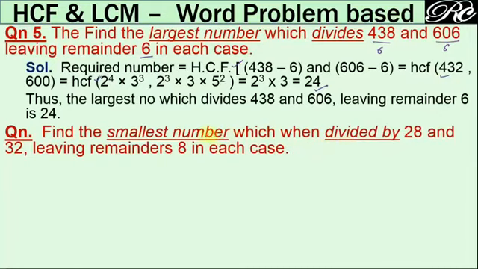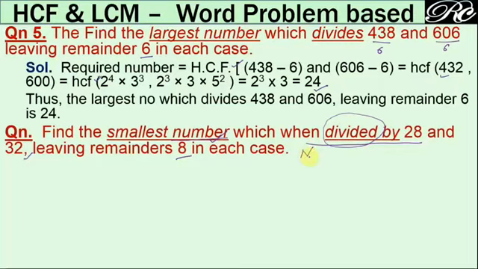Here we have to find the smallest number which, when divided by 28 and 32, leaves remainder 8 in each case. Here it is different. Keep in mind, this smallest number we need, let this number be n.